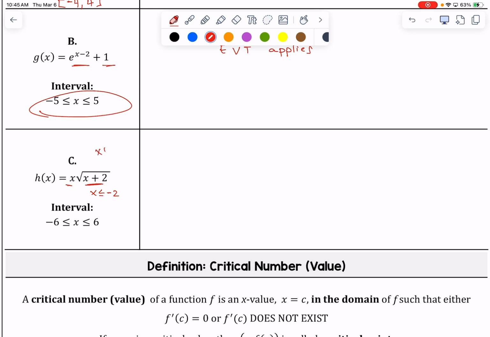I just took x plus 2 and said it had to be greater than or equal to... sorry, I did that wrong. It should be x is greater than or equal to negative 2. My bad. Everything greater than or equal to negative 2 is good, correct? As long as it's greater than negative 2, we're not going to get a negative underneath the square root. Do you agree? All right. Is that going to work then? No. EVT does not apply.